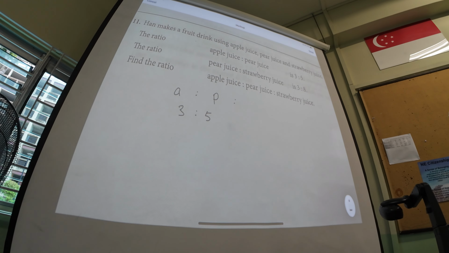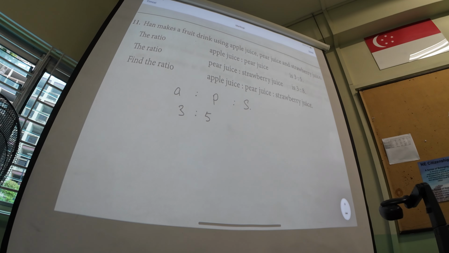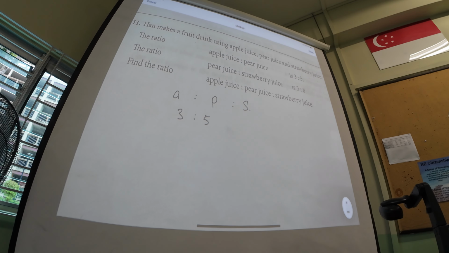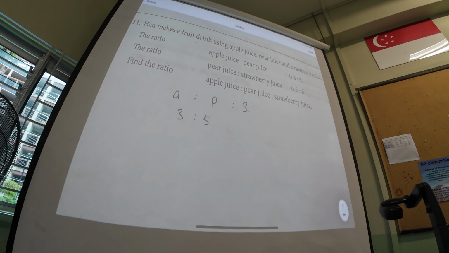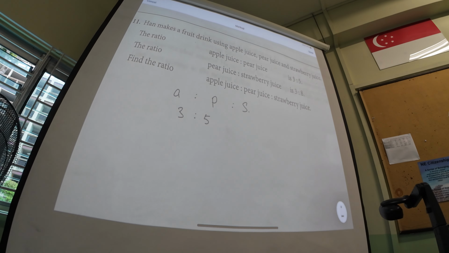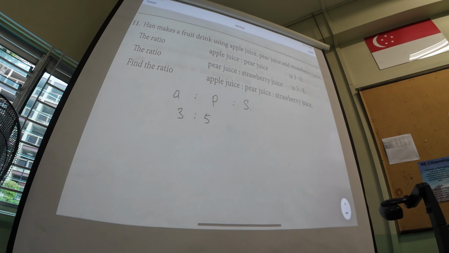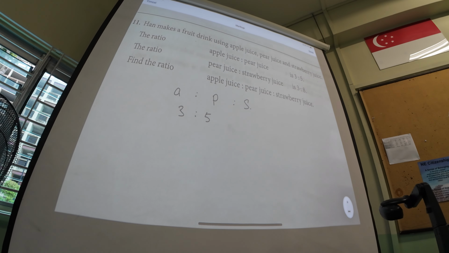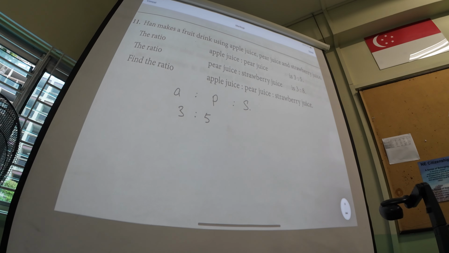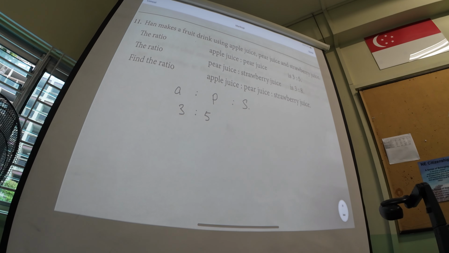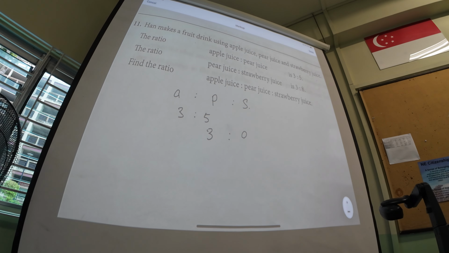So there is still strawberry juice. We don't know how much strawberry juice is when apple juice is 3 units. So we cannot straight away write them in one line. What we can do is in the next line, we write pear juice to strawberry juice. So it is 3:8.